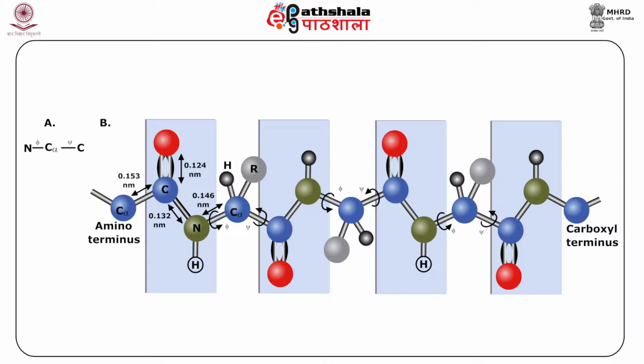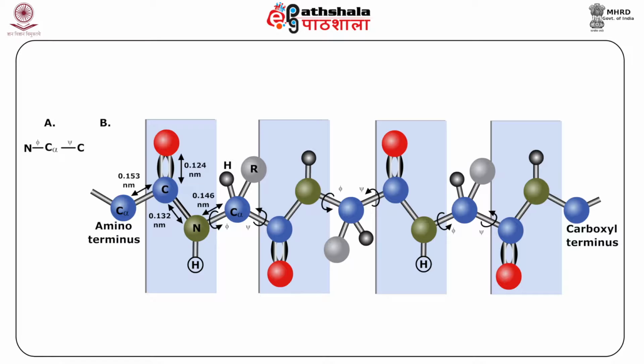Also, the oxygen of the carbonyl carbon has a partial negative charge, and the nitrogen possesses a partial positive charge. By virtue of this positive and negative coming from oxygen and nitrogen, they are going to form a small electric dipole.